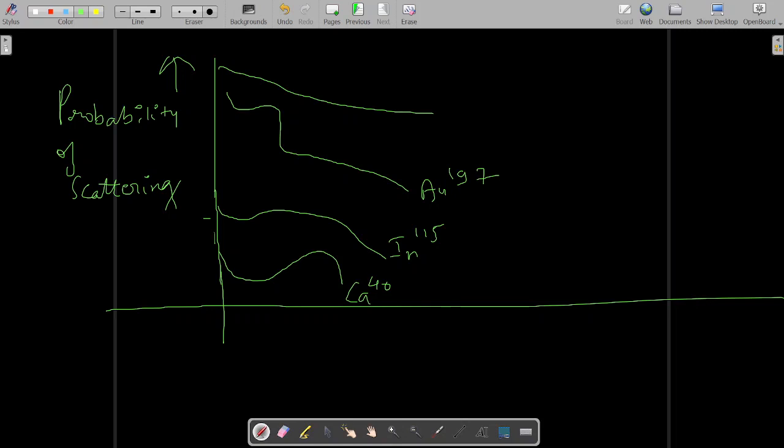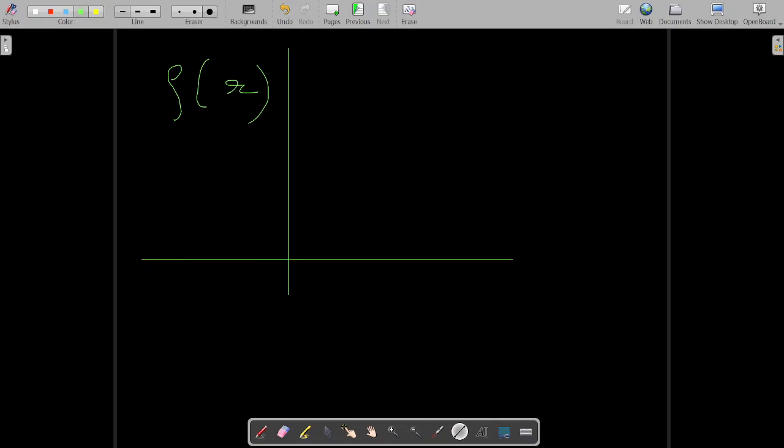So this is your probability of scattering on the y-axis, and the angle of scattering theta is on the x-axis. Then we have one more graph over here, which is rho r, and I will explain this graph to you.